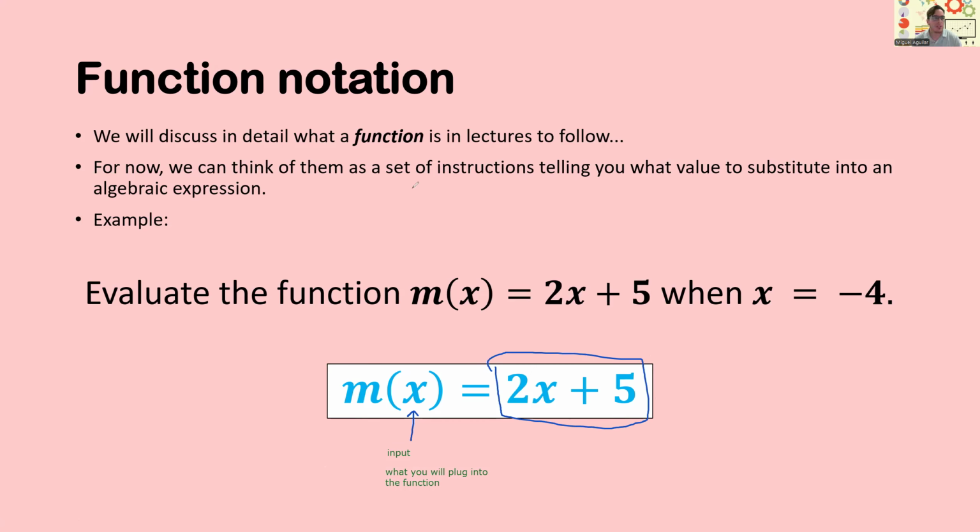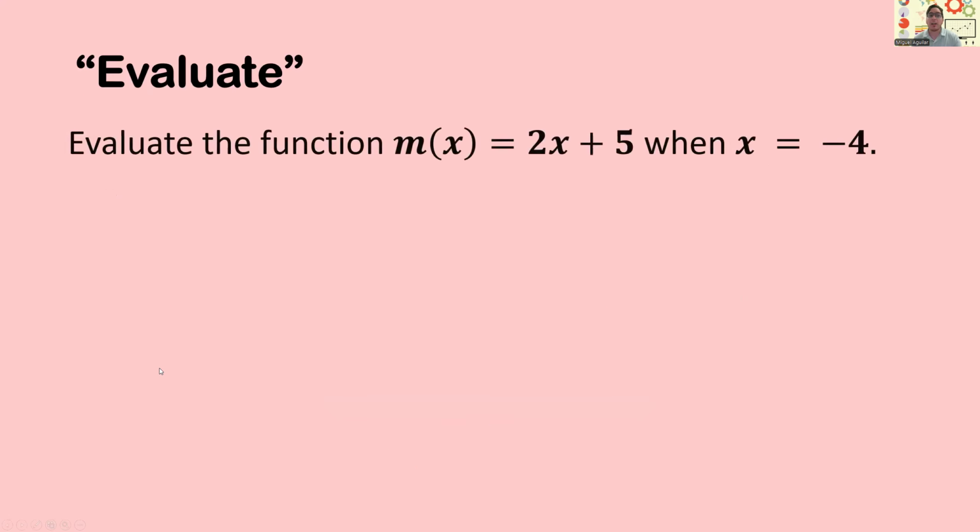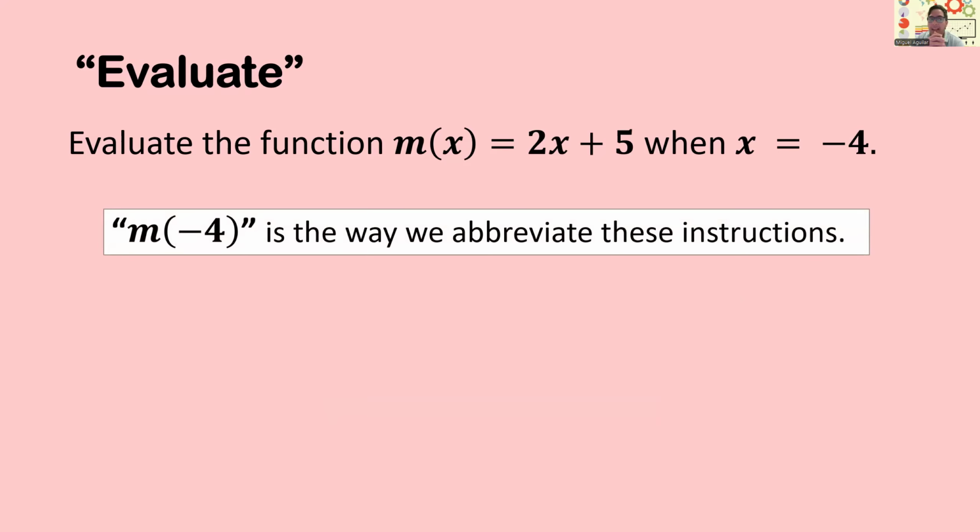Okay, so let's see this example on the next slide. It's the exact same example. Evaluate the function m of x is equal to 2x plus 5 when x is equal to -4. Sometimes it's written this way, where they put m of -4. This is the way we abbreviate it.